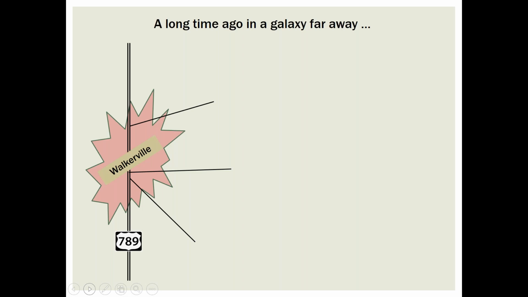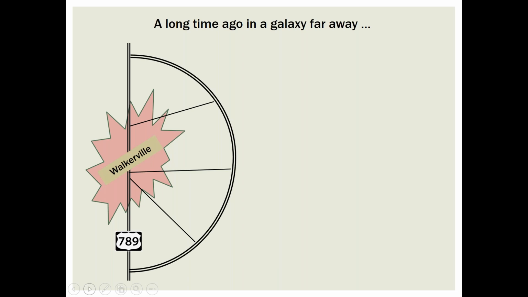And let me give you another example. So a long time ago in a galaxy far, far away, we're in the little town of Walkerville, where we have a four-lane divided highway that comes into town. But as traffic volumes on that four-lane highway through town get heavier and heavier, the citizens of Walkerville want a bypass.